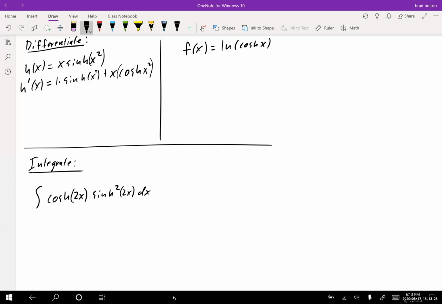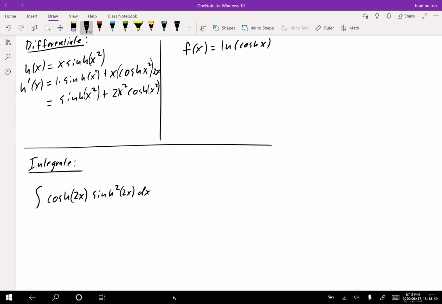Because it has an inner function of x squared. So I've got to do 2x right there. So we're going to end up with sinh of x squared plus 2x squared cosh x squared. Okay, so that should be our derivative.